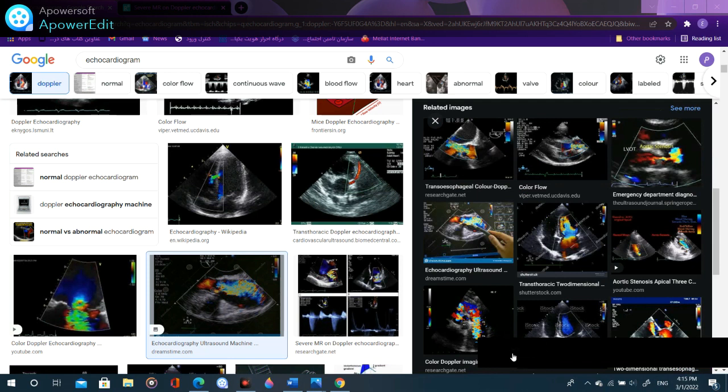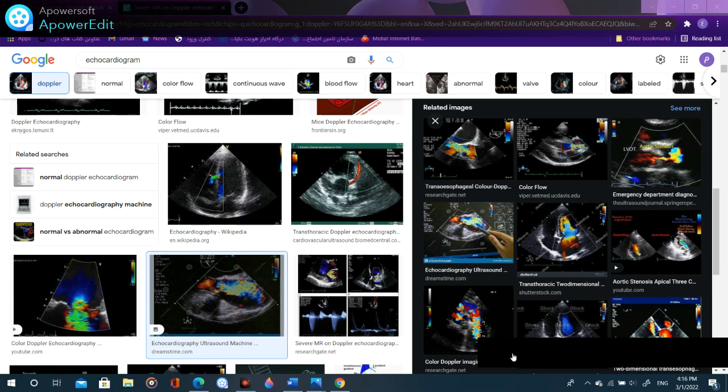In stenosis of the valve, the velocity of blood flow increases and the gradient increases in Doppler. In valve insufficiency, the direction of the blood flow changes, which is seen as a change in direction in Doppler.